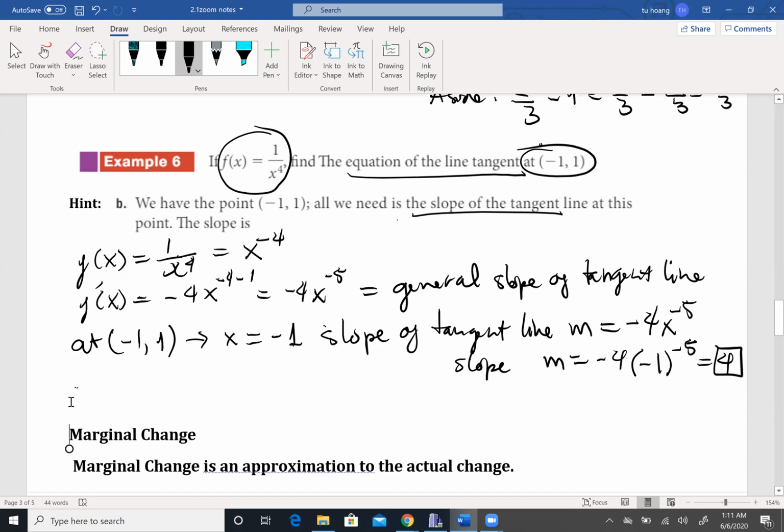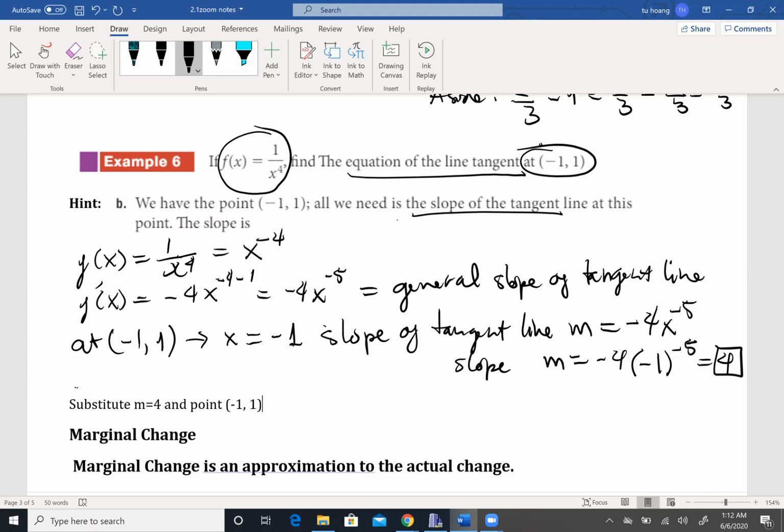I'm going to substitute slope equal to 4 and point (-1, 1). Remember that this point is the point that the tangent line goes through and touches the graph of f(x). So this point lies on the graph and also lies on the tangent.